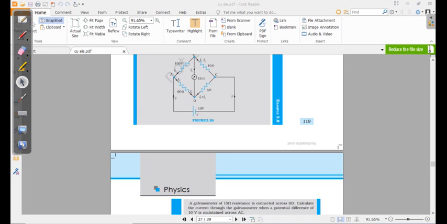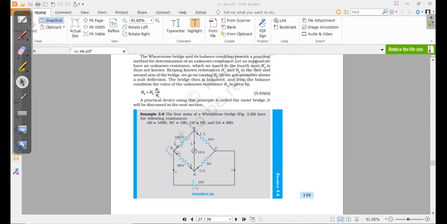Here they have given the problem, that is 4 resistors. The 4 resistors of the Wheatstone bridge are connected in the arms of it. The 4 arms of the Wheatstone bridge have the following resistances.